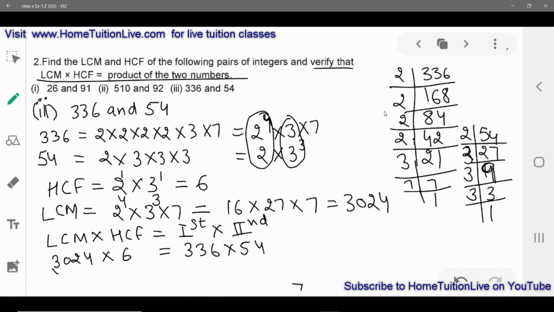When we multiply these numbers, we will get 18144. In the same way, when we multiply these numbers, we will get 18144. Okay. Now this is verified. Both the numbers are same, so left side and right side are equal. So this is verified that the HCF into LCM is equal to the product of both these numbers.